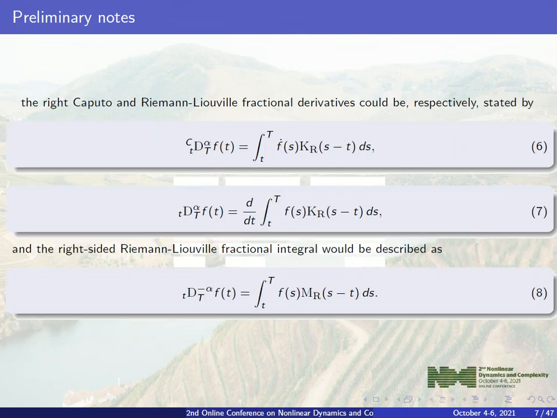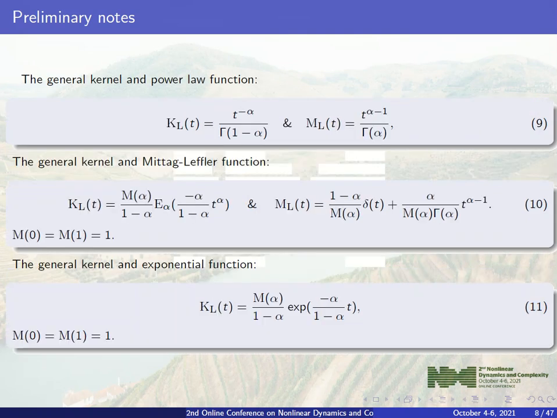Following the same concept as above, the right Caputo and Riemann-Liouville fractional derivatives could be respectively stated by equation 6 and 7, and the right-sided Riemann-Liouville fractional integral would be described as equation 8.